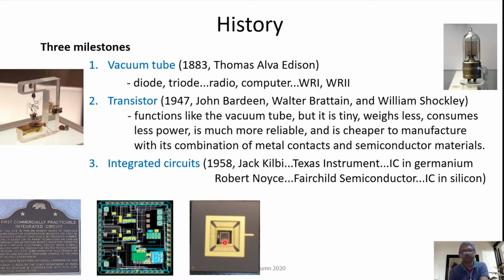These chips are very tiny. This particular chip is of the order of 5 millimeter by 5 millimeter. So after fabricating, we dice the wafer and we have individual chips.